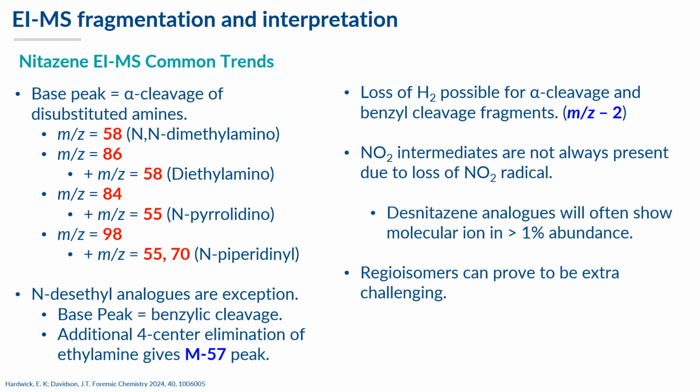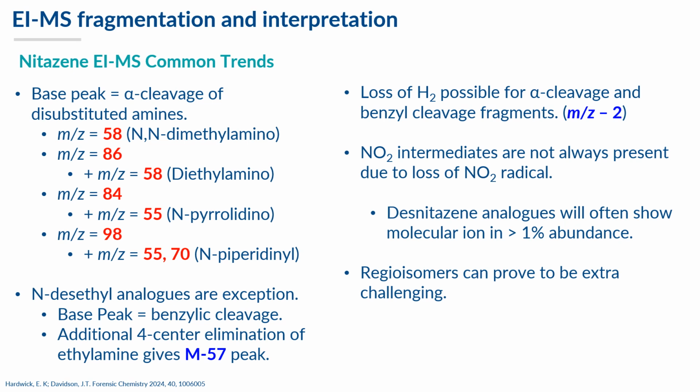A large base peak of 58 indicates a dimethyl substitution on the amino portion of the nitazene, while a base peak of 86 in the presence of a secondary peak of 58 indicates diethyl substitution on the amino group. A base peak of 84 in the presence of a peak at 55 indicates a pyrrolidinylbenzimidazole analog, while a base peak of 98 in the presence of a secondary peak at 55 or 70 indicates a piperidinylbenzimidazole analog.